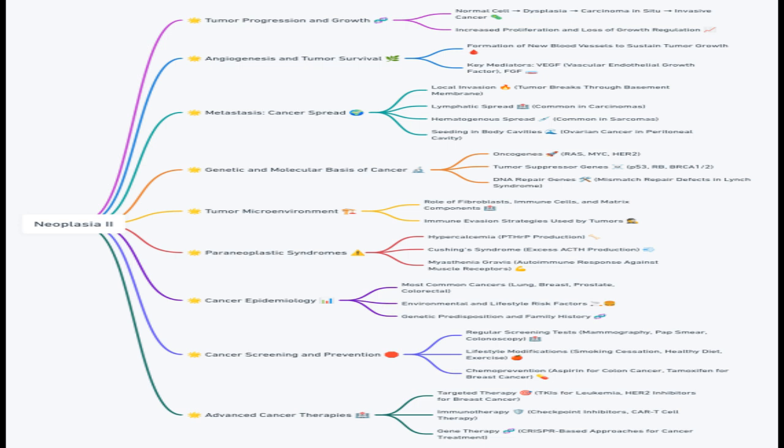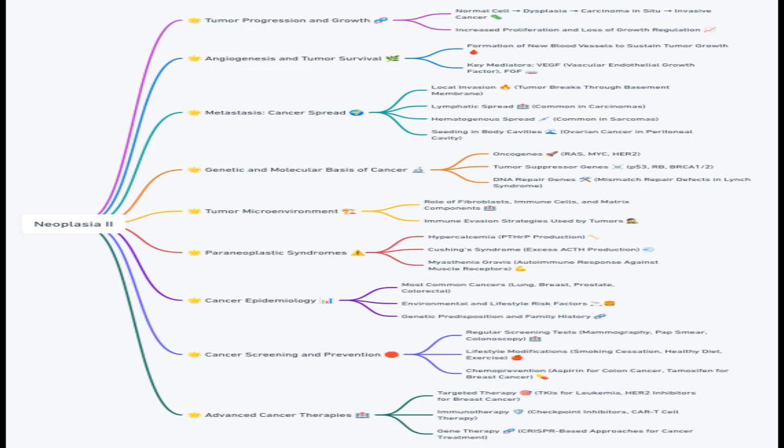Okay, so the key takeaways are: squamous cell carcinoma of the cervix arises from the severe dysplasia or cervical intraepithelial neoplasia 3, which is driven by high-risk human papillomavirus infection, so types 16 and 18.